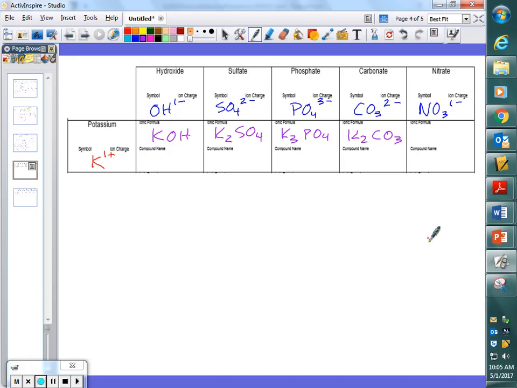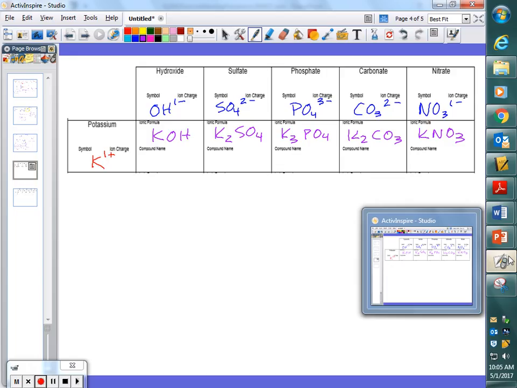And then, on the end, what ratio are we going to end up with? 1 to 1, right? Nitrate needs to gain 1 electron. Potassium needs to give up 1 electron. Potassium, nitrate. Okay. All right, good there?